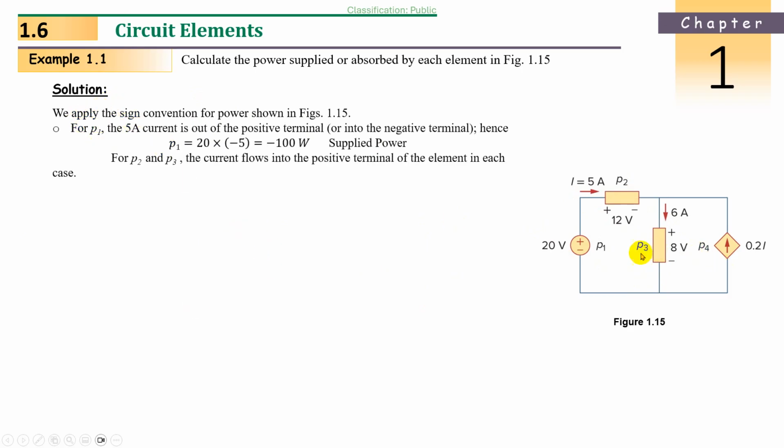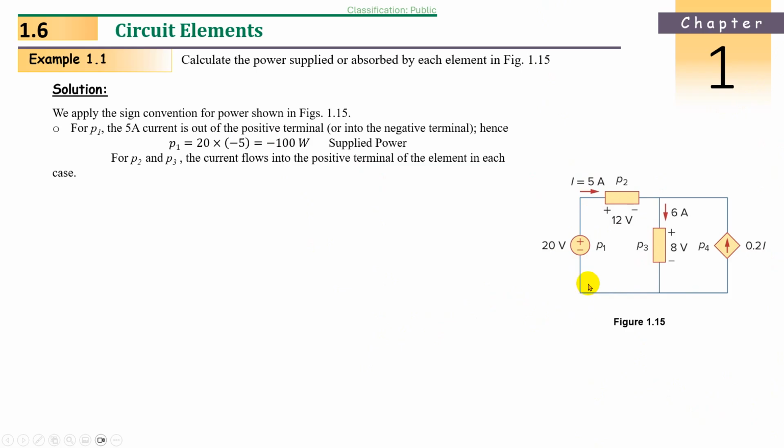For P1, the 5 ampere current is out of the positive terminal. For P1, this 5 amperes current, as per given, is going out. So when a current is moving out from the positive terminal, it is delivering power or absorbing power?